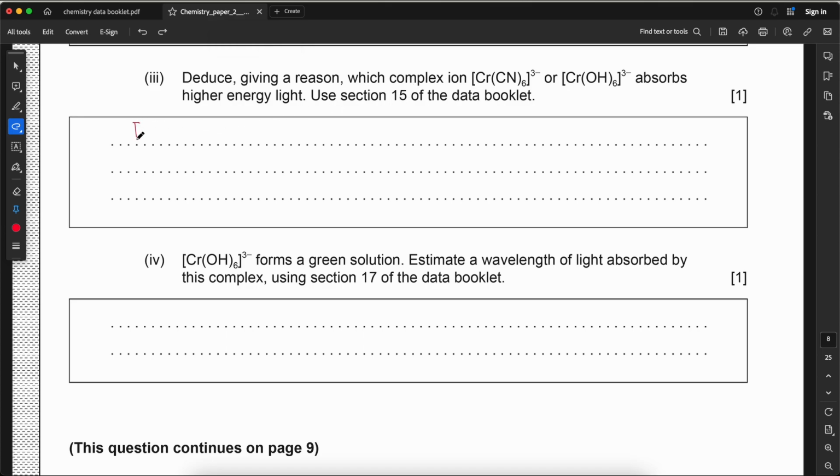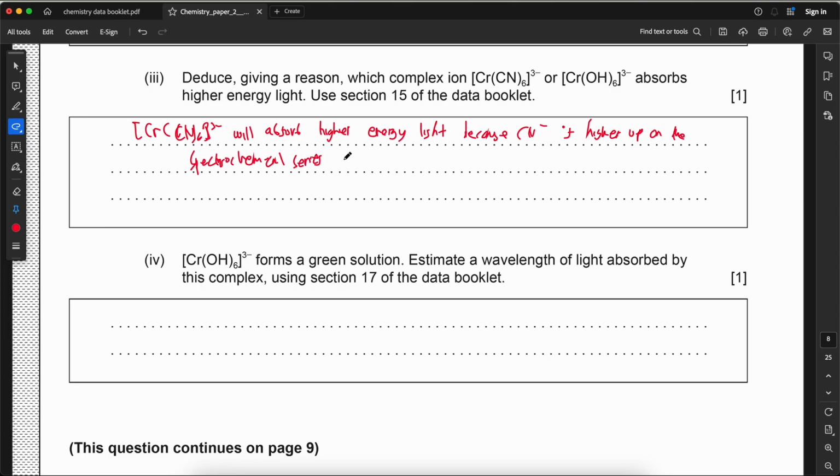The answer is Cr(CN)6 3-, because it will absorb higher energy light, because CN- is higher up on the spectrochemical series than OH-.